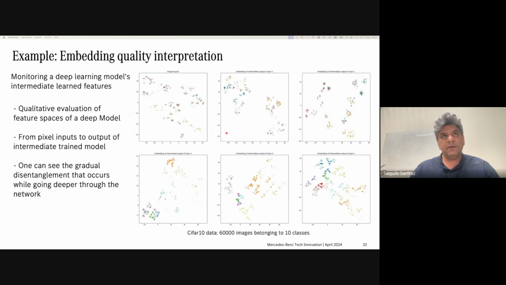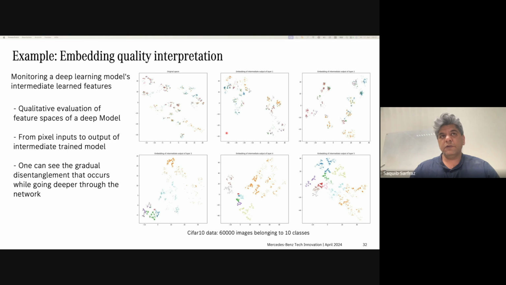One more important thing, I'm coming almost towards the end of my talk right now. For most computer vision researchers like ourselves, or machine learning researchers, we typically use these dimension reduction algorithms for monitoring the quality of the embedding when we are training our deep learning models.